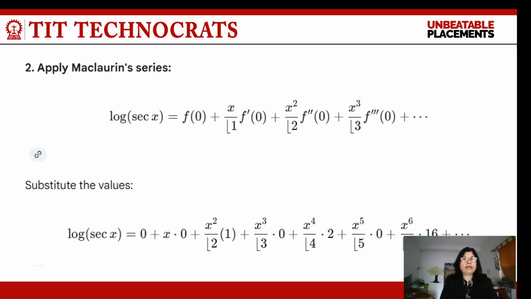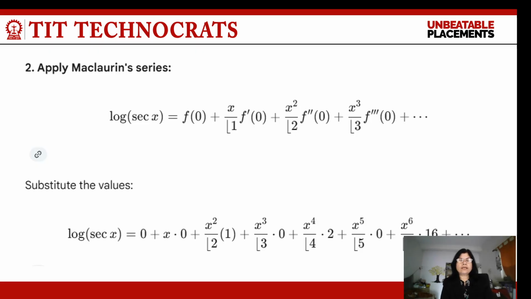Now apply Maclaurin series. So put the above values in Maclaurin series. We get log sec x is equal to f(0) plus x upon factorial 1 f'(0) plus x square by factorial 2 f''(0) plus x cube by factorial 3 f'''(0) plus and so on.